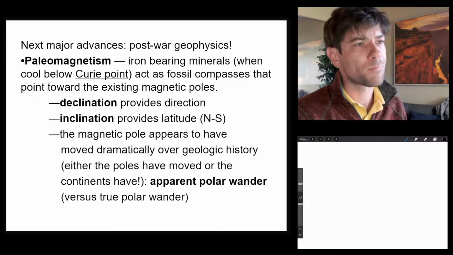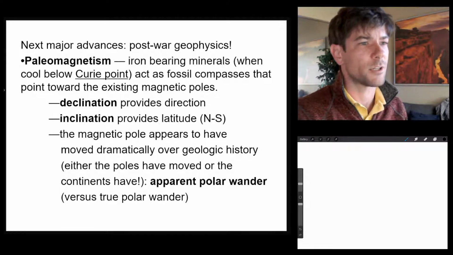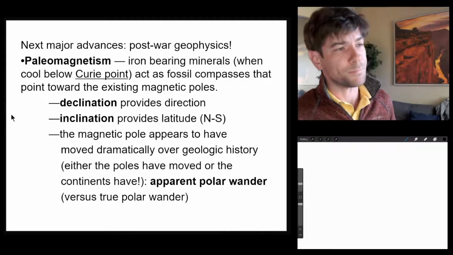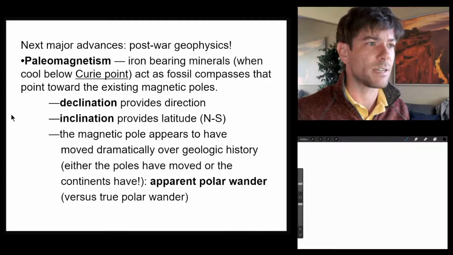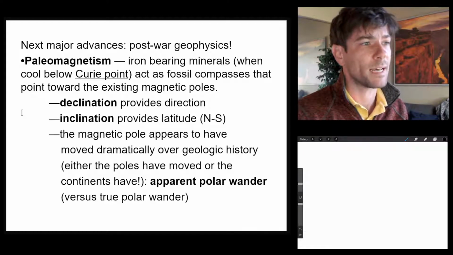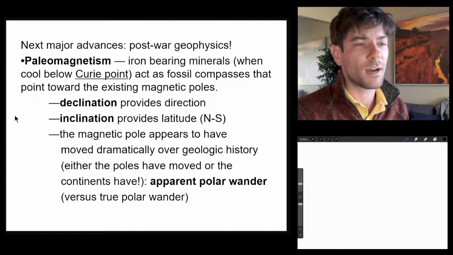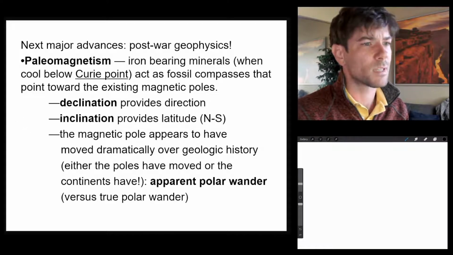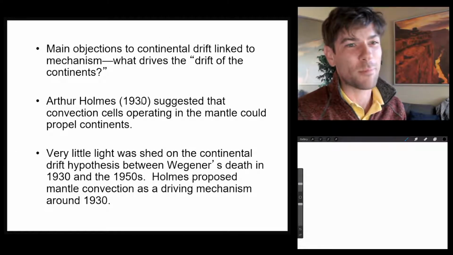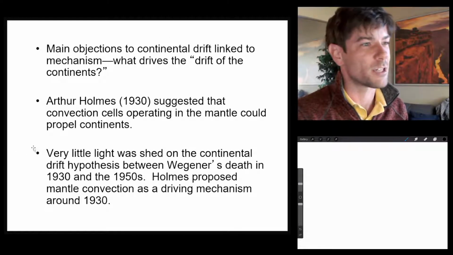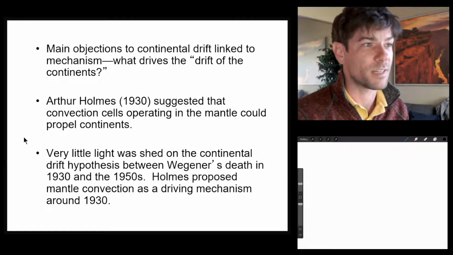So in the early 1900s, Alfred Wegener came up with this theory that the continents appear to have drifted throughout their history. Okay, and Arthur Holmes came up with this idea that the convection of the mantle could drive this continental motion.